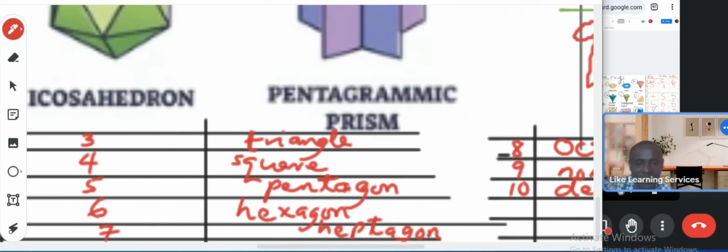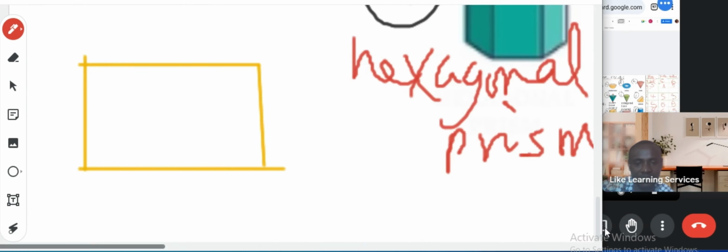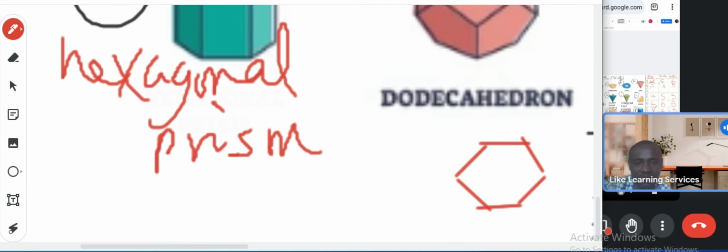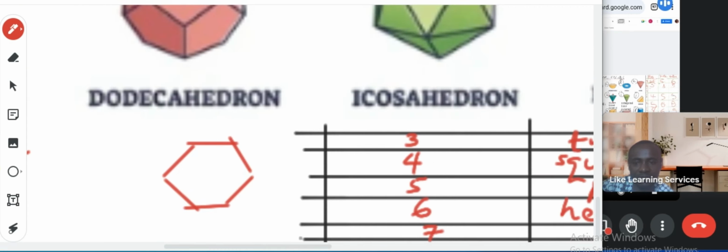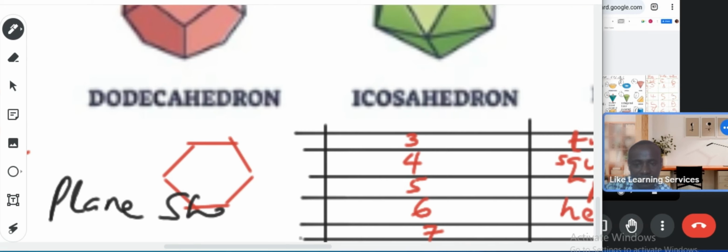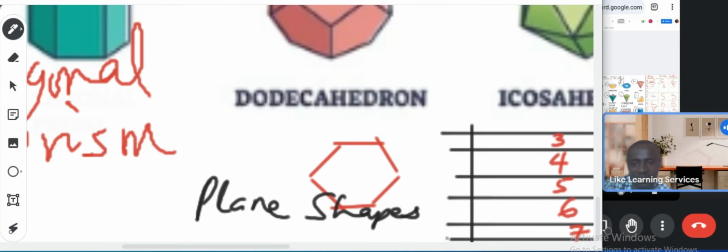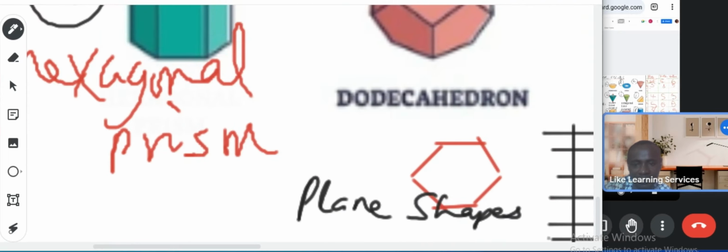Of course, these are plane shapes, or what we call 2D shapes.